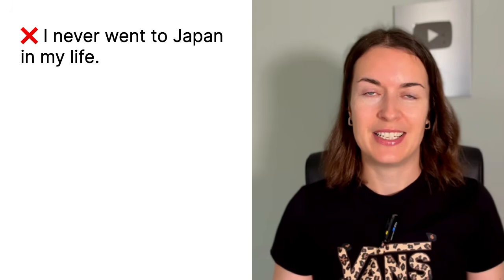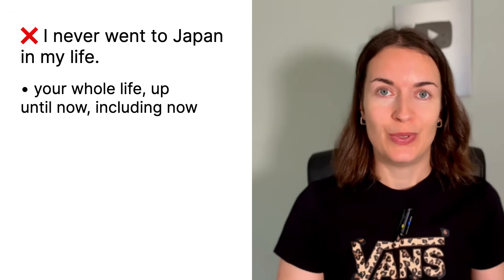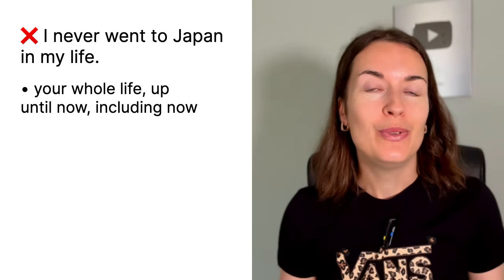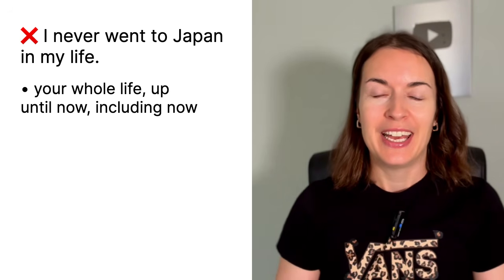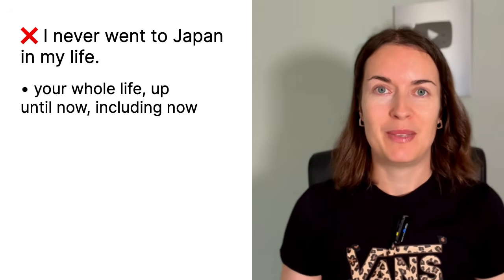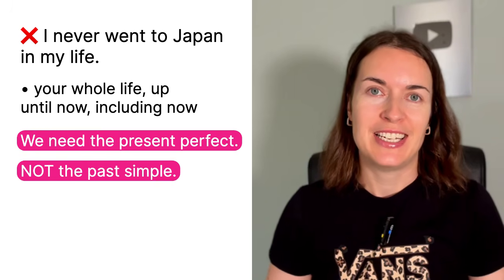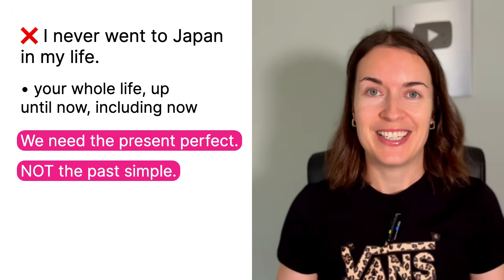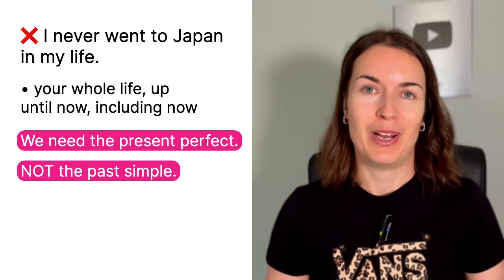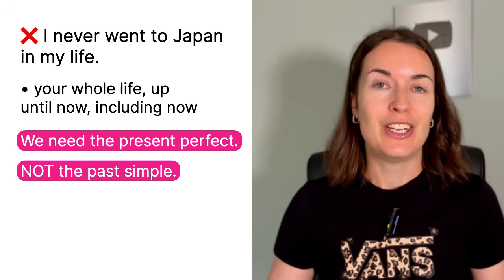This sentence is about your whole life up to now and including now. And you're talking about your whole life experience. And when we do that, we actually need the present perfect tense, not the past simple, because your life continues.